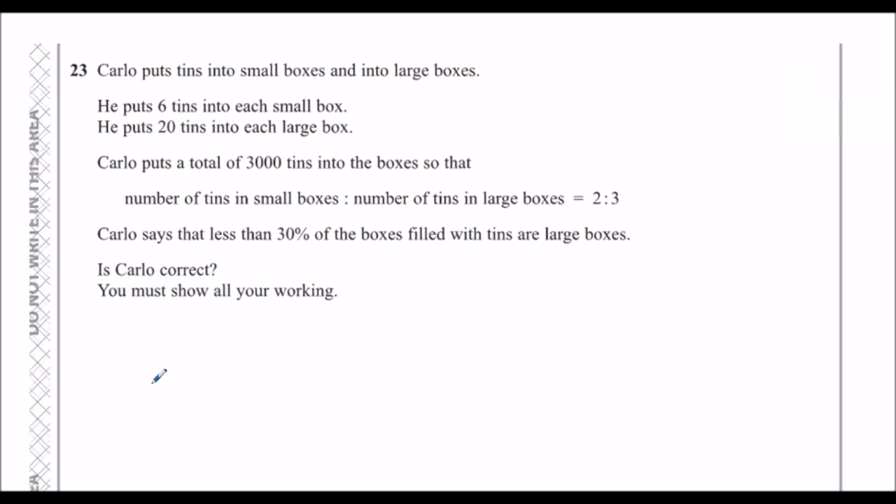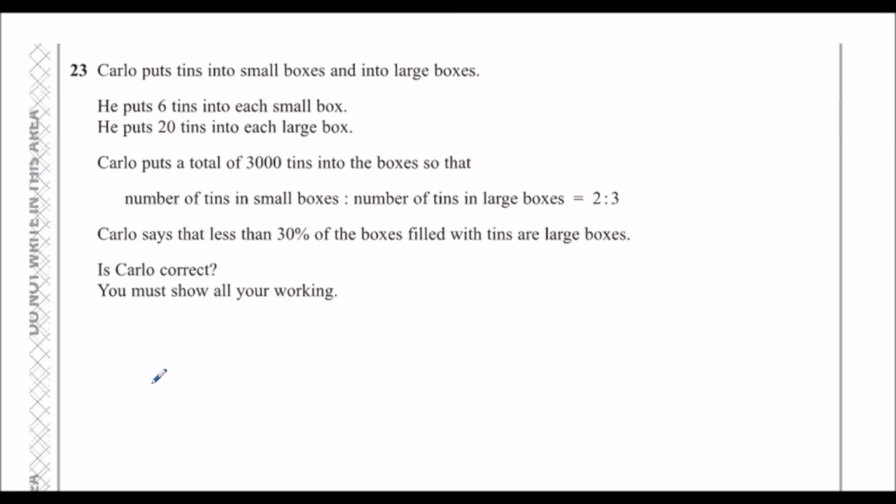Question 23. Carlo puts tins into small boxes and into large boxes. He puts 6 tins into each small box. He puts 20 tins into each large box.